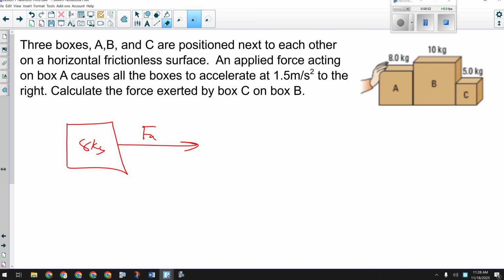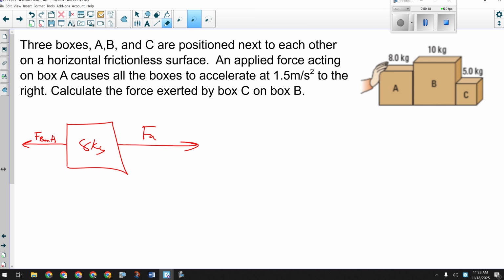Does box A push on box B? So box B then pushes back on box A. So this force here would be the force of B on A. None of those forces are the ones the question wants me to solve for, and they're not part of an action-reaction pair.